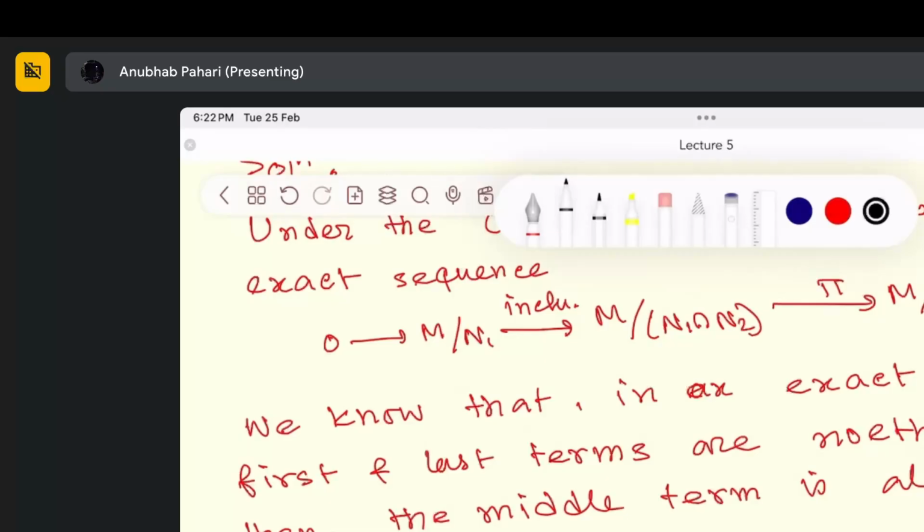If A is a Noetherian ring, then Spec of A is a Noetherian topological space.